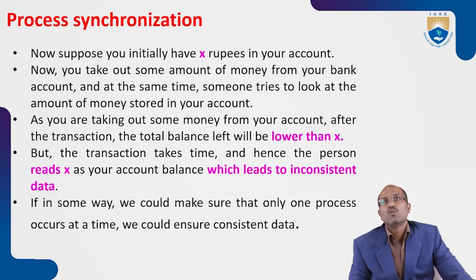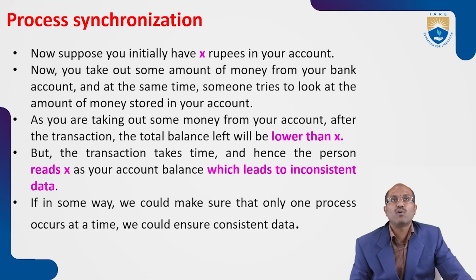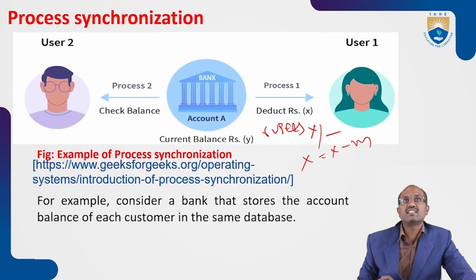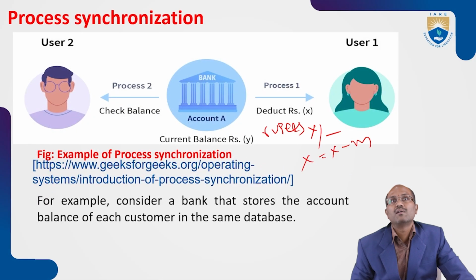If in some way we could make sure that only one process occurs at a time, we could ensure consistent data, so that consistency is maintained in the account balance. Otherwise the data may be corrupted.